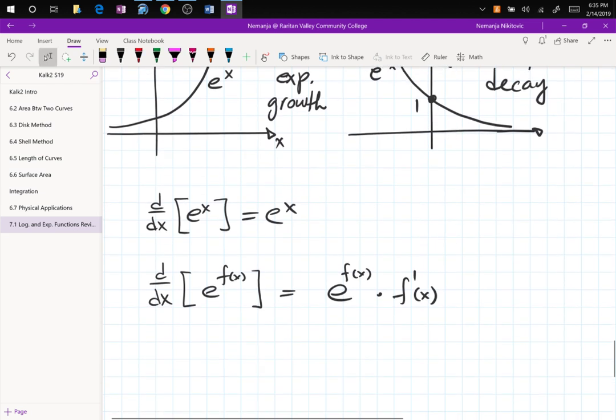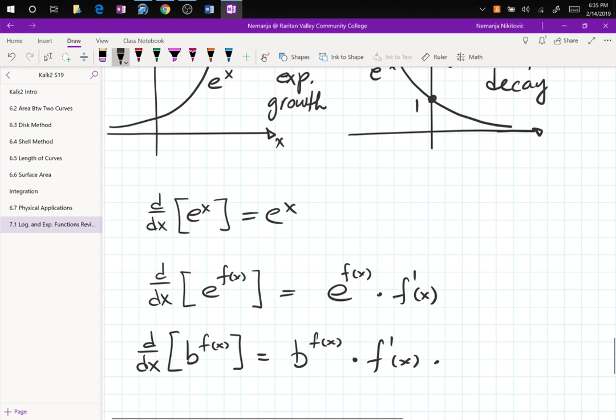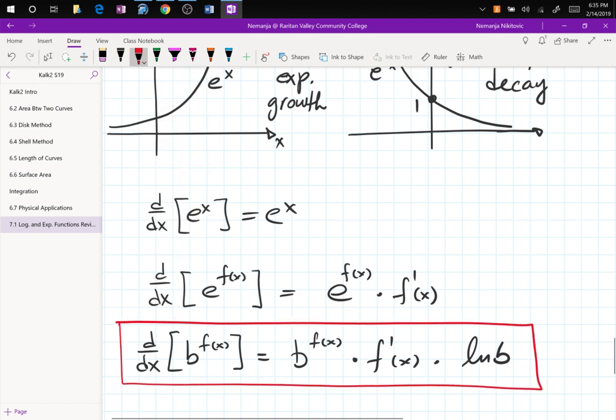Now there is a boss one again, which is b to the f of x, which would be b to the f of x times f prime of x times ln b. So this is the boss equation, because you are free to have any base and you are free to have any function in the exponent.